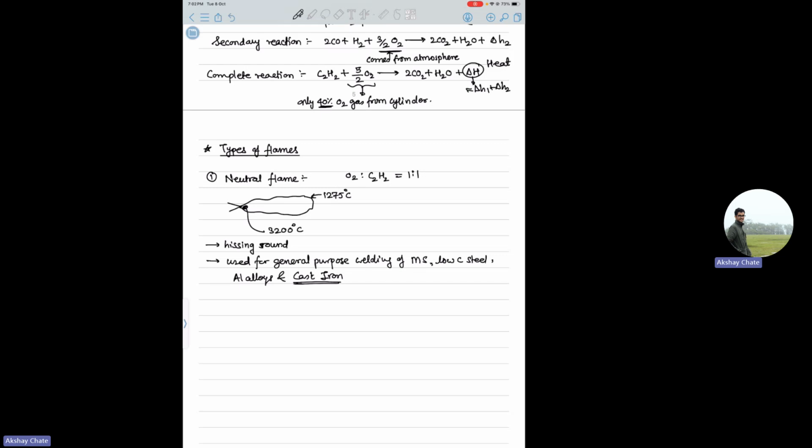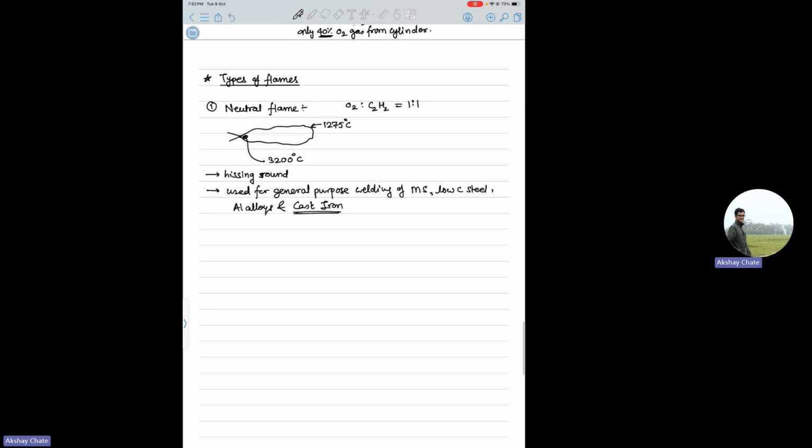Then you have the second flame, which is called the oxidizing flame. As the name suggests, you'll have more oxygen here. So here the molar ratio of O2 to C2H2 is typically 1.15 to 1.5. So you use more oxygen.